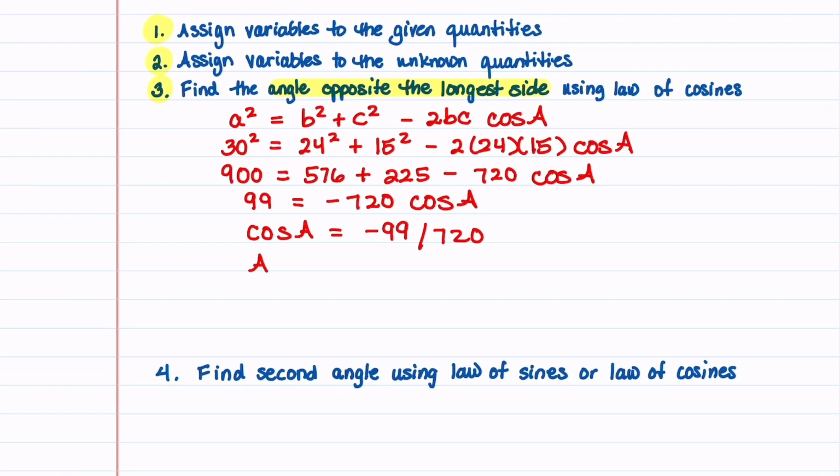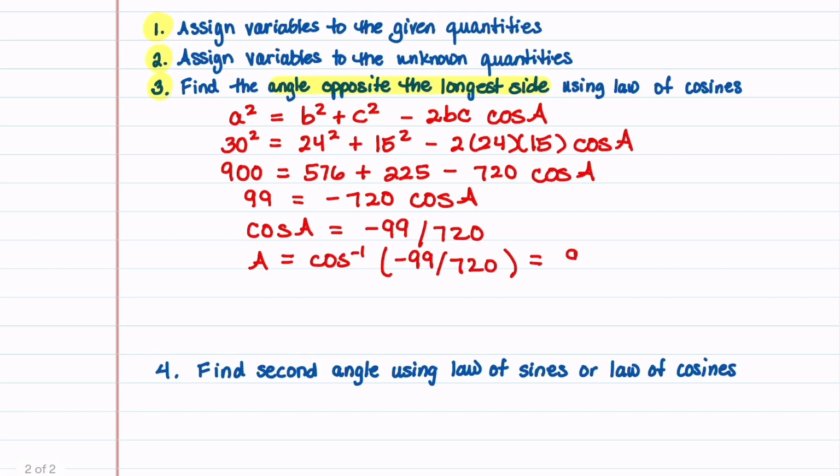And that tells us that A is inverse cosine of minus 99 over 720. When we put this into our calculator, we end up with a value of 97.90 degrees.